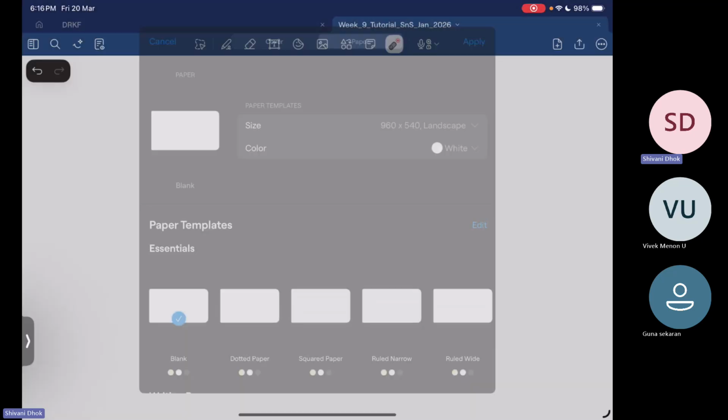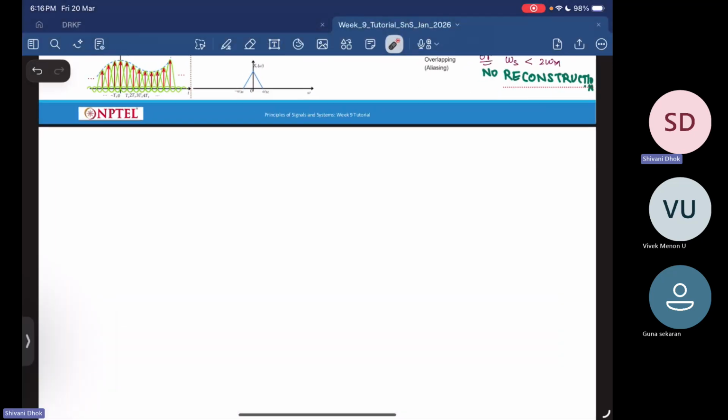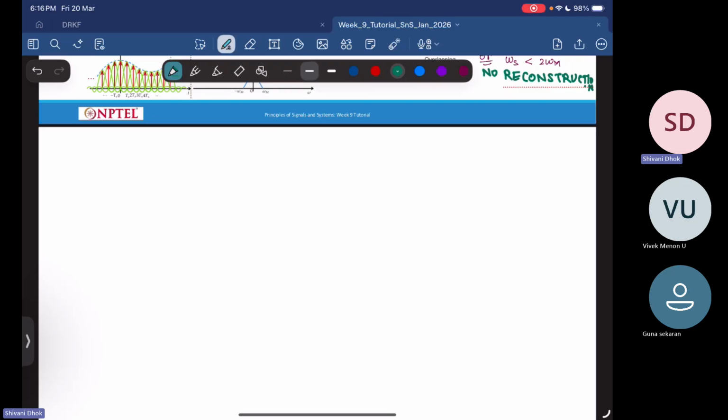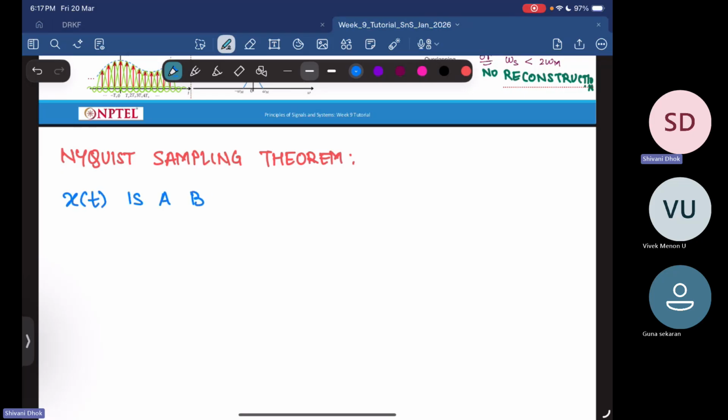So this discussion, whatever we just did, gives you a very important theorem in the context of signals and systems, or any field related to signals and systems, and that is known as the Nyquist sampling theorem. And what does this theorem say? Let's say x of t is a band limited signal.